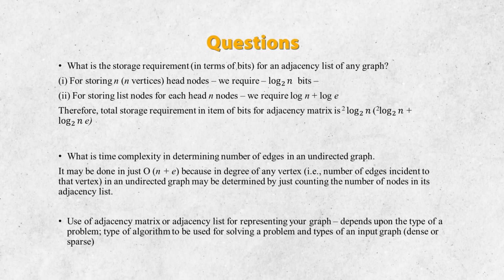The type of algorithm used for solving a problem and the type of input graph, like whether you have a dense graph or a sparse graph, are all situations you will take care of when deciding whether to represent a graph as an adjacency matrix or an adjacency list. So it is totally dependent upon the problem. In general, the adjacency list has a lower storage value, and the time complexity required is also less.